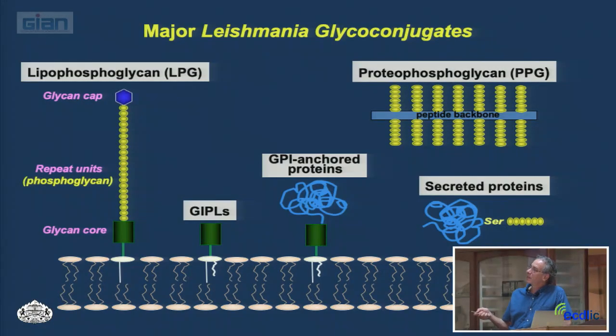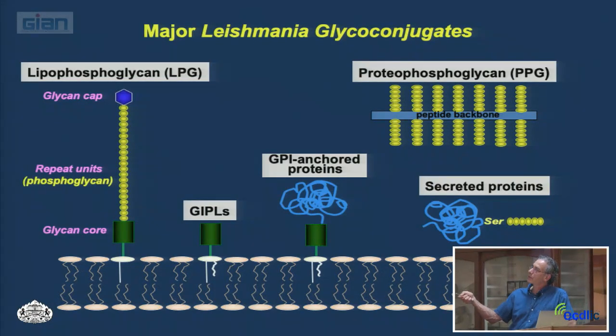So this is a schematic of the major Leishmania glycoconjugates. And what you'll note, similar to the majority of trypanosomatids and even pathogens like Leishmania, is that the majority of surface molecules are anchored in the membrane by these GPI anchors, these glycophosphatidylinositol anchors, either GPI-anchored proteins or, in the case of Leishmania, glycolipids.